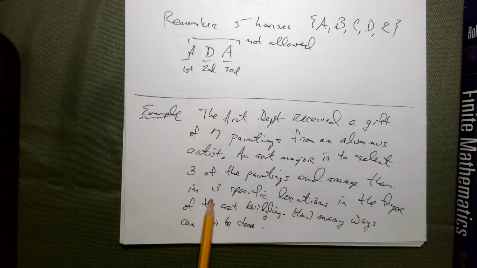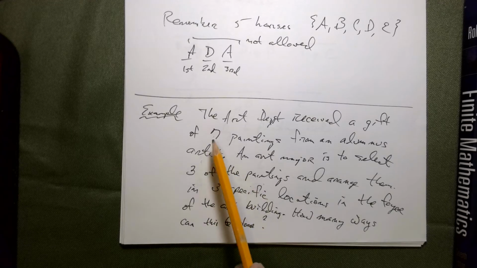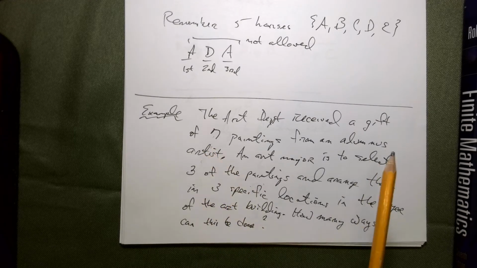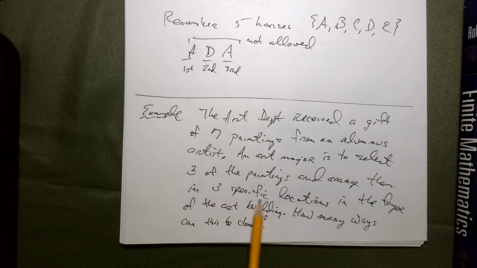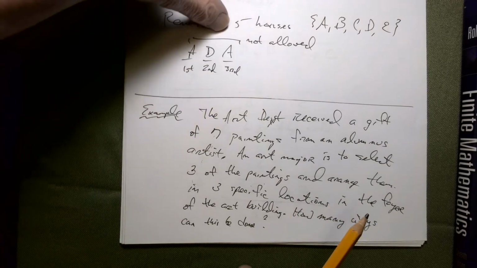If you were to go to the Louvre in France, there are going to be positions in that art museum that are very, very important. Then as you go towards the back, they're not quite as important as those that are on display. So we have 7 paintings, and we can only display 3 of them, and the locations are very specific.